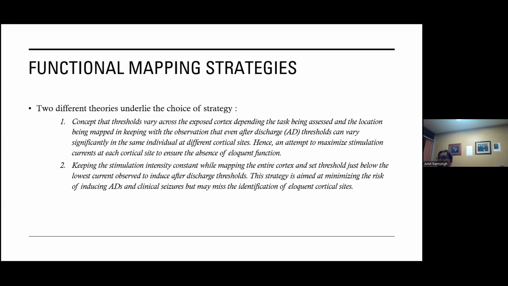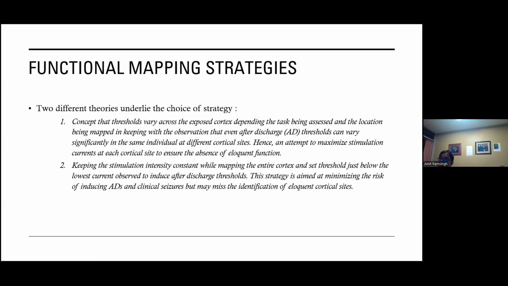Now, in terms of our functional mapping strategies, two theories underlie the choice of the strategy. One is the concept that thresholds could vary across the exposed cortex depending on the task being assessed and the location, in keeping with the observation that the after discharge threshold could vary significantly. Hence, an attempt to maximize stimulation currents at each cortical site to ensure the absence of eloquent function.